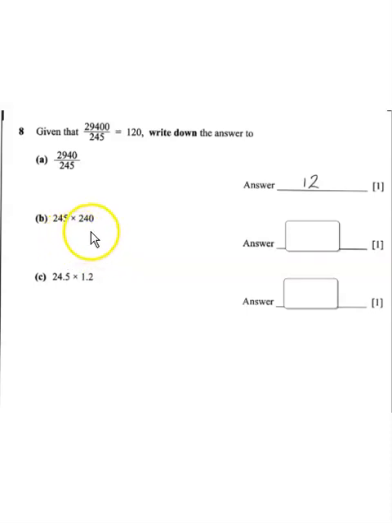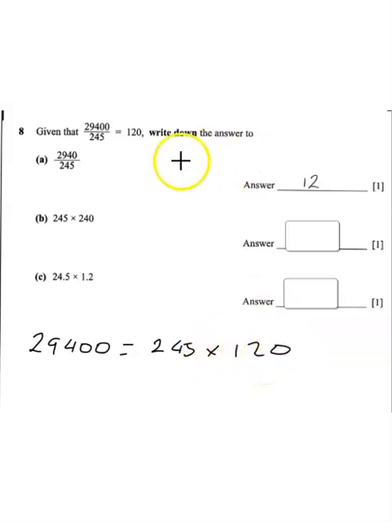For 245 times 240, if we look at this one here, 29,400 would be equal to 245 times 120. That's just moving these things around so that when you multiply these two together, it gives you this answer up here. But there's an adjustment here.